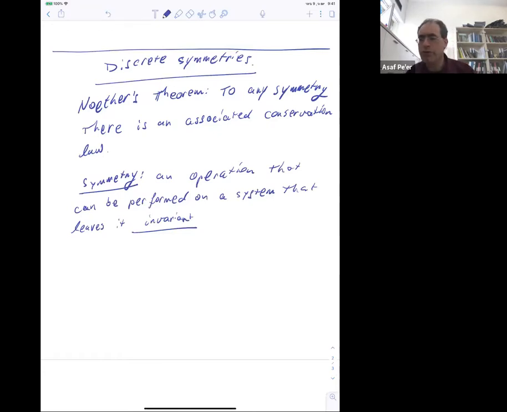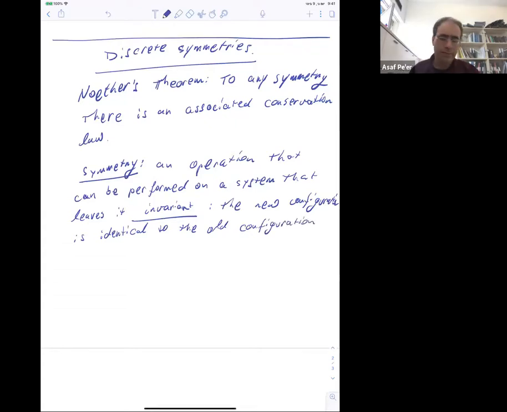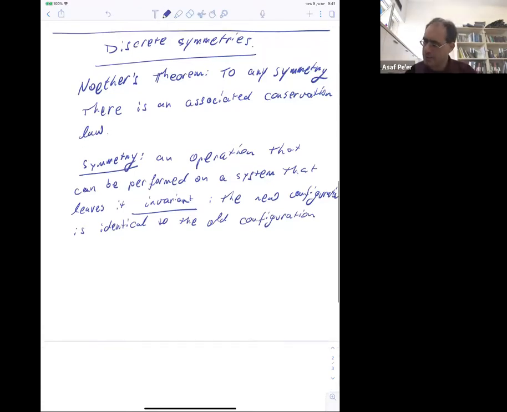Invariant means that the new configuration after I made the operation is identical to the original configuration, right? So, for example, take an equilateral, I think it's called, right?